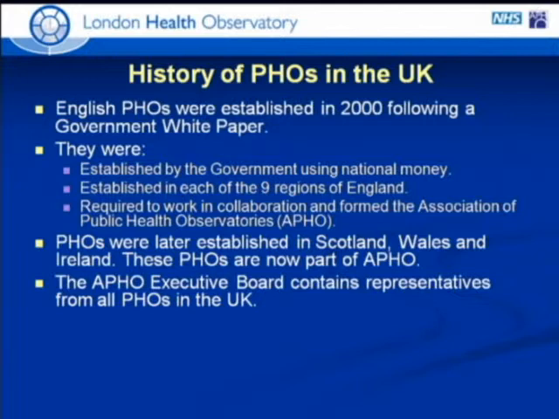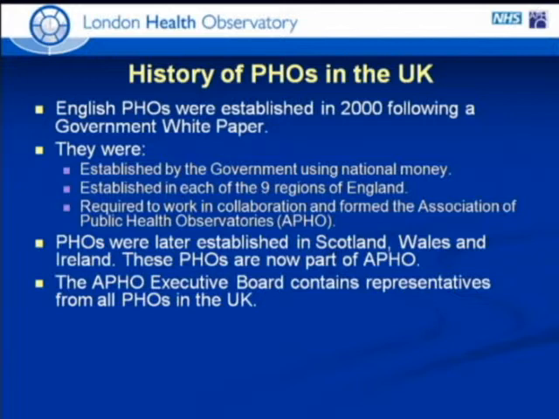So this is the history of the English Public Health Observatories. We were established in 2000 following a government white paper. And we were established using national money from the Department of Health. And there's a public health observatory in every region of England, of which there are 9 at the moment. And we are required to work in collaboration.